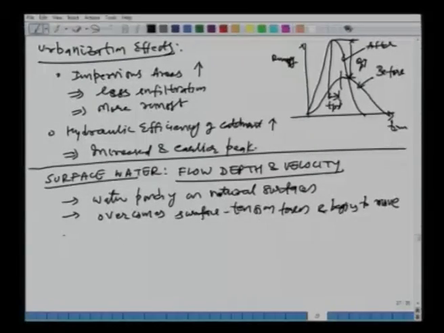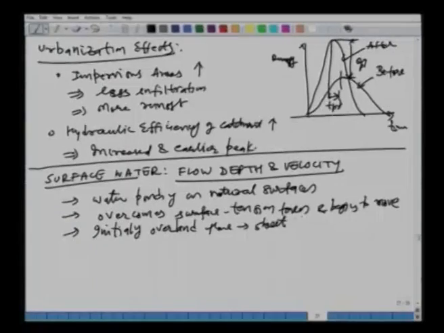Initially, this overland flow moves as a sheet flow, a very small sheet of water which is flowing slowly.